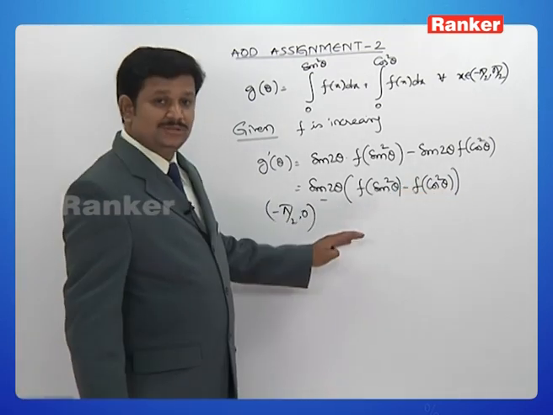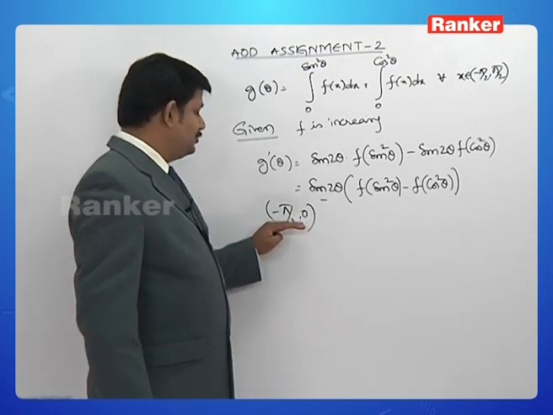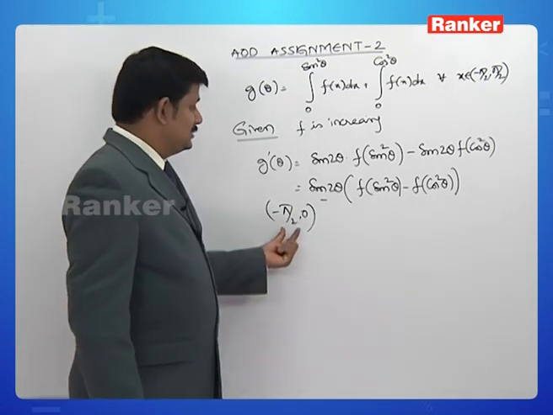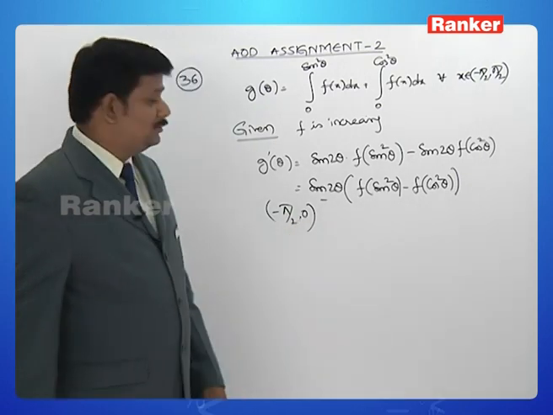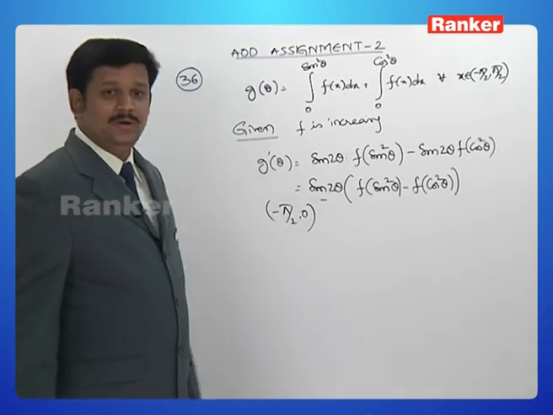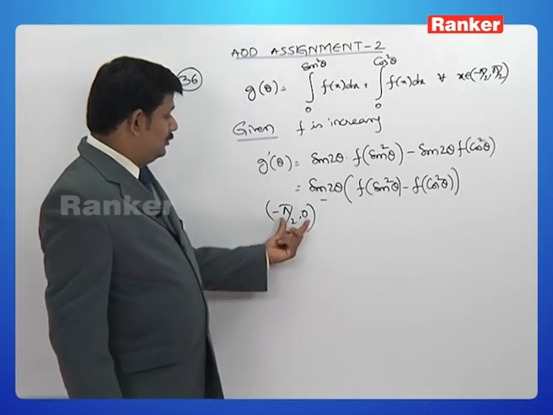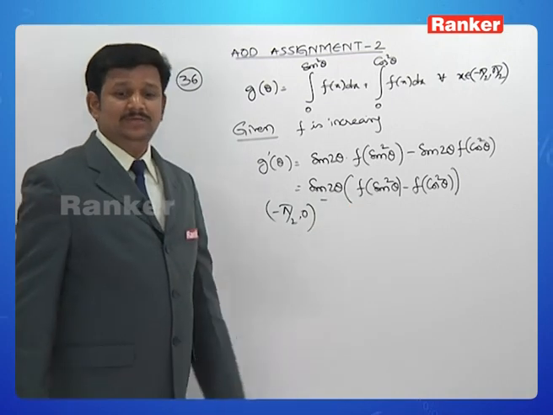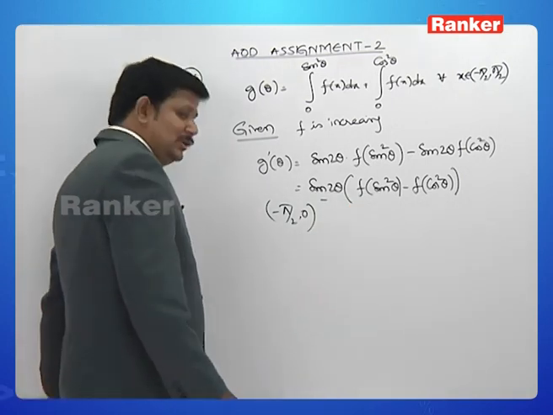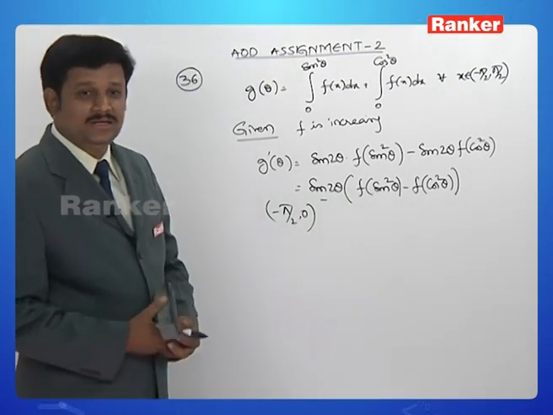It becomes difficult to say. From minus pi by 2 to minus pi by 4, cos square theta is greater, and from minus pi by 4 to 0, sin square theta will be smaller. So partially it will be an increasing function, and in the other part of the interval it will be a decreasing function. So option A is not the right answer.